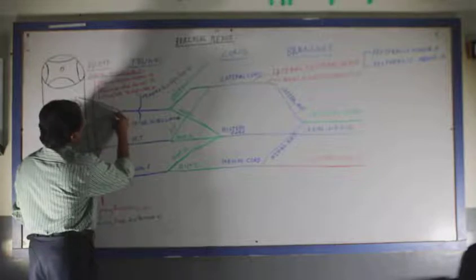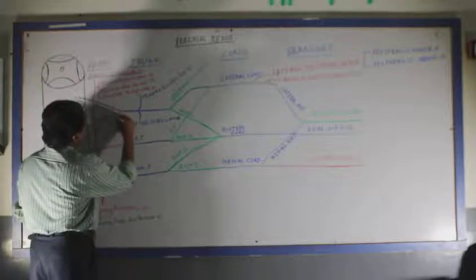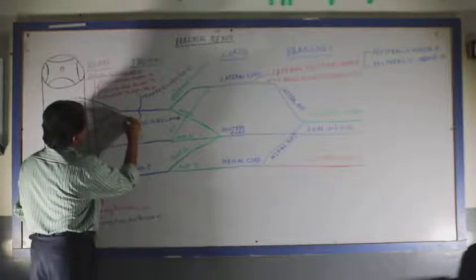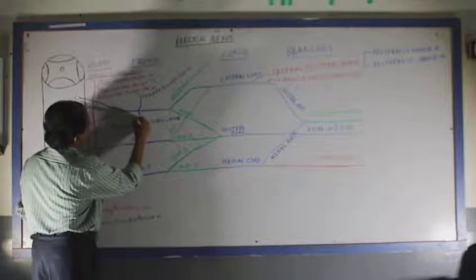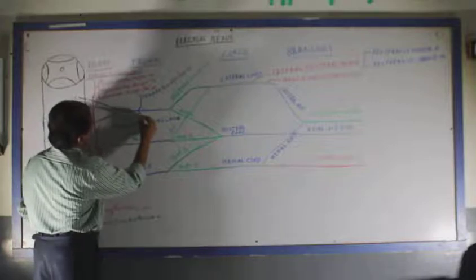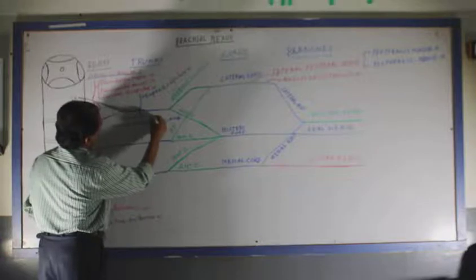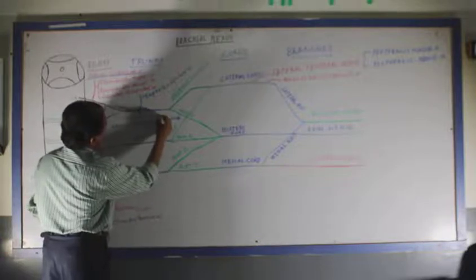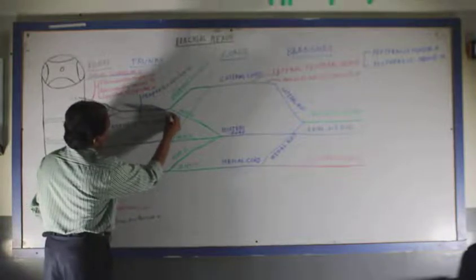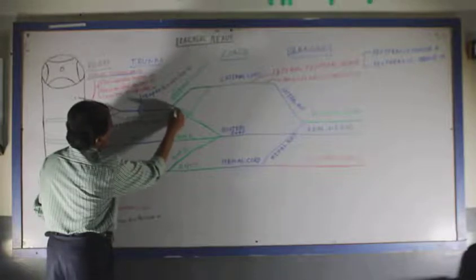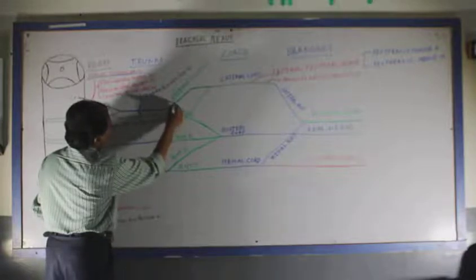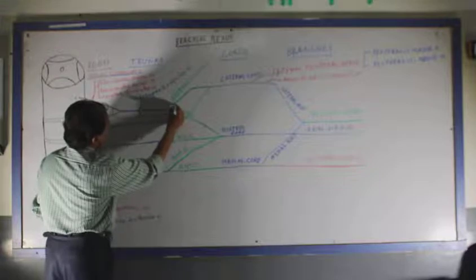Erb's point means this one. There is involvement of C5, C6, the suprascapular nerve, the nerve to the subclavius, and the anterior and posterior divisions of the upper trunk.